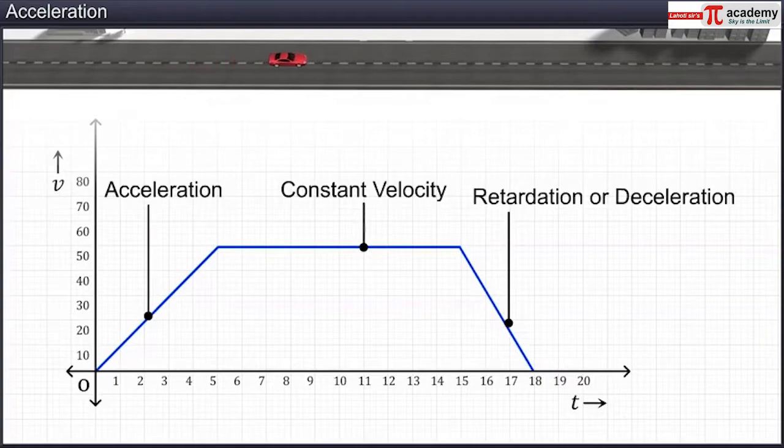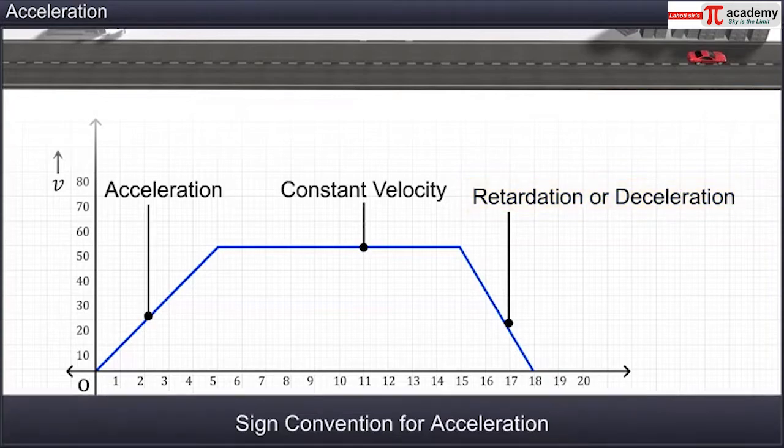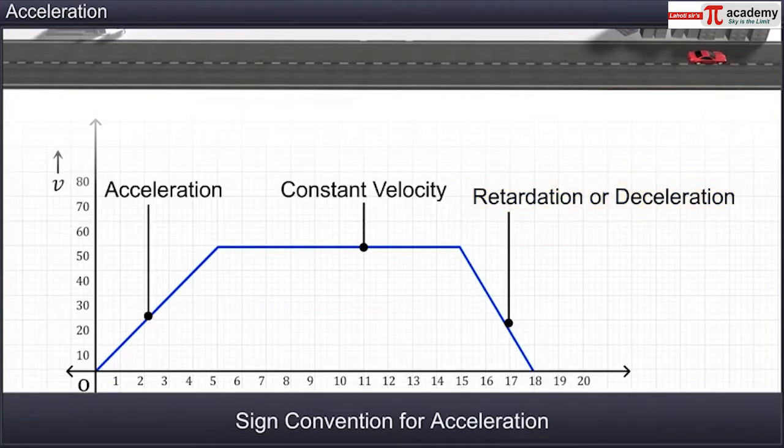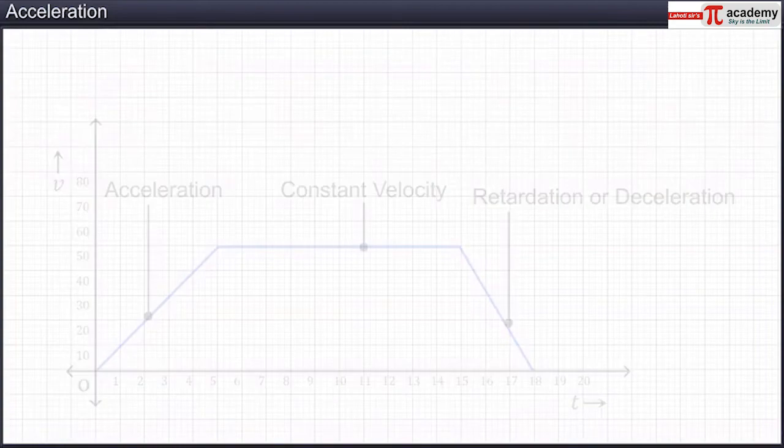To decide whether acceleration is positive or negative, the terms retardation or deceleration are confusing while solving problems. Here is an easy way to get the sign convention for acceleration right.